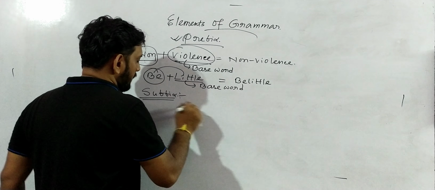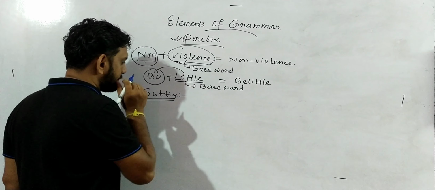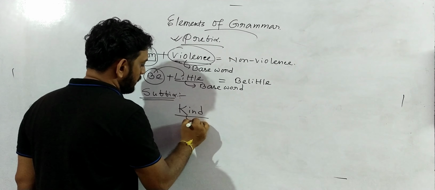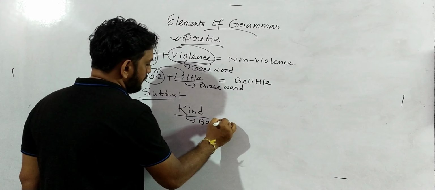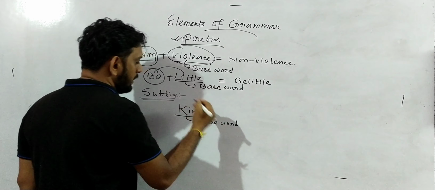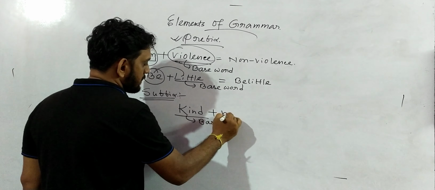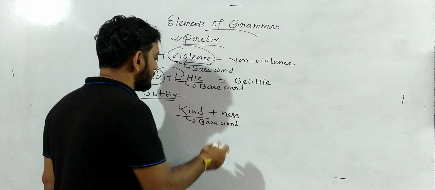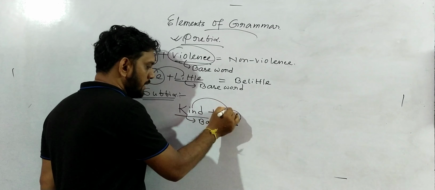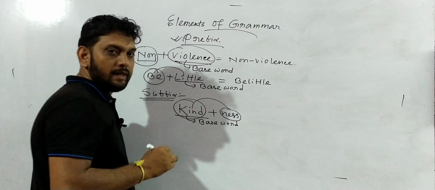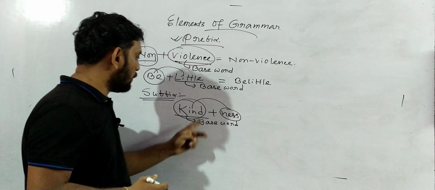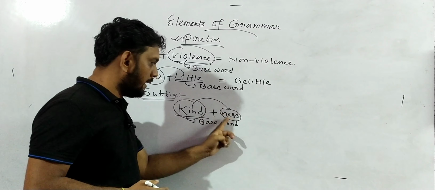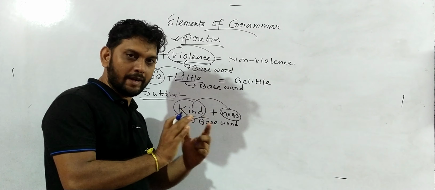Suppose I write a word here, kind. Kind is a base word. When you add some letter or a group of letters at the end of this word, you have seen the word kind, and we have added n, e, double s, ness. It is called a group of letters.